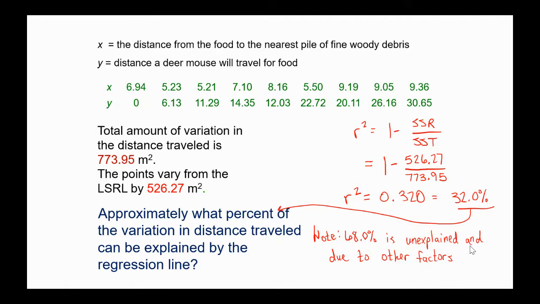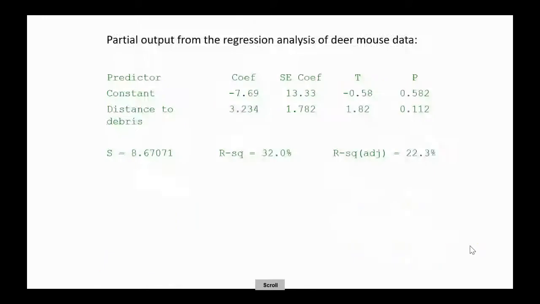So 32% is explained by the line, 68% is unexplained. So what do y'all think? Is this a good model or a bad model? Yeah, it's a bad model. It only explains 32% of the data. That's not too good. We're not going to have time to interpret the output, but let's go back to that output. It's printed right below. There is one more formula we need to write down though, so don't pack up yet.